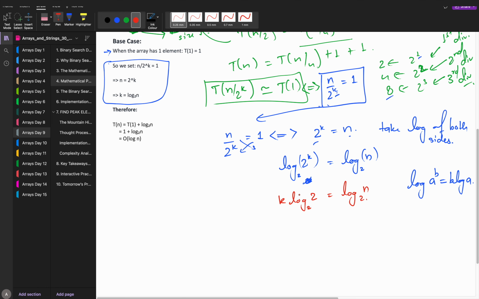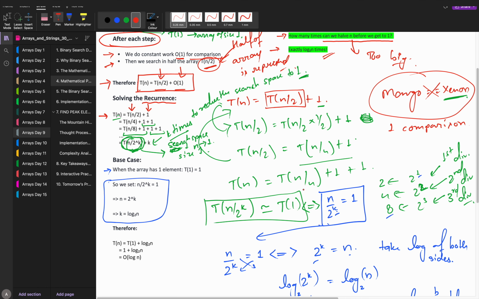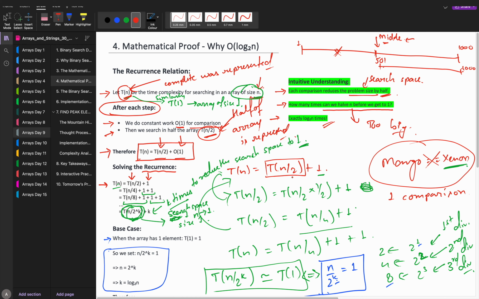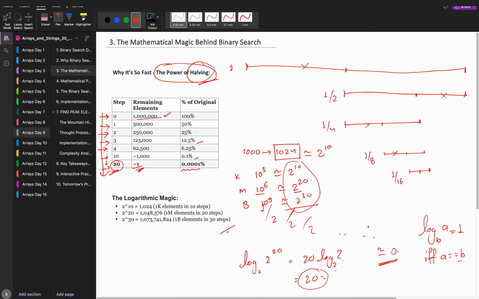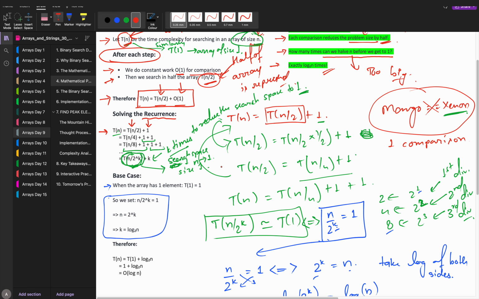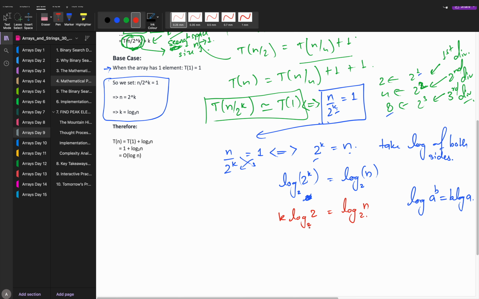Now, what other formula can you apply? If you remember from earlier, what did I write on the previous page? I gave a formula: log of a to the base b equals 1 if and only if a equals b. Correct? So here we are getting log of 2 to the base 2. It is equivalent to log of a to the base b, which can be written as 1 if and only if a equals b.